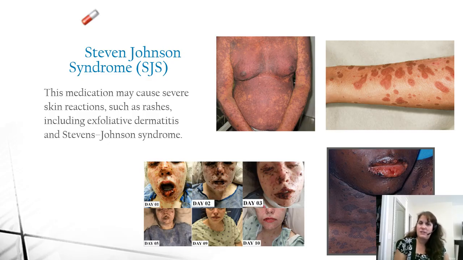The concern with this rash is that it can lead from the rash part to something called toxic epidermal necrolysis or exfoliative dermatitis, as you see here. I want you to call your attention to the one with the days here. You can see this patient in their presentation and with treatment, how it improves over a course of about 10 to 14 days. Again, identification is key, and stopping of the drug and then treatment for this.